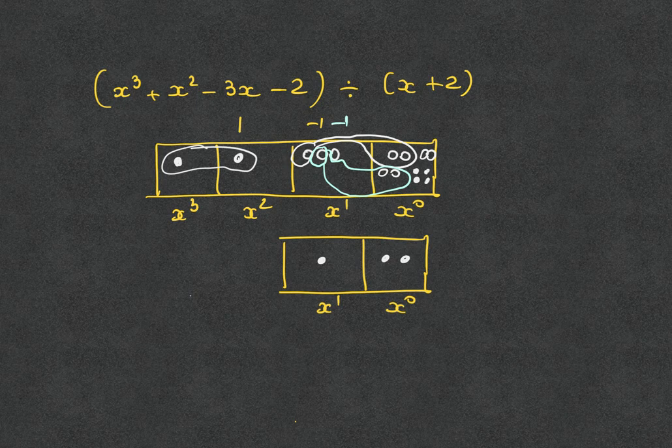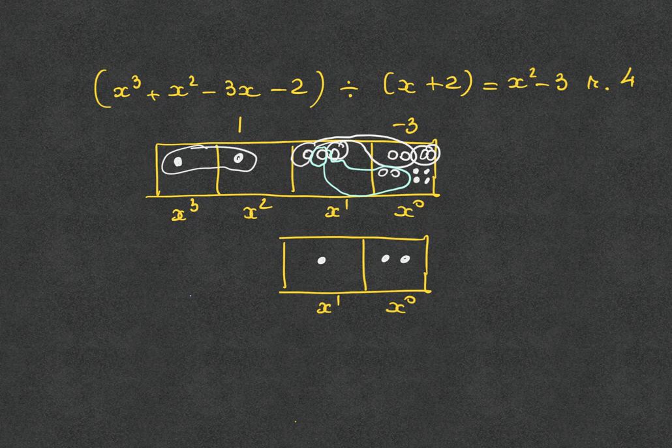So I'm going to group these antidots with the one here. So I get another minus 1. All these minus 1s are on top of x. So basically altogether you have minus 3 of them. So your answer will be x squared minus 3, remainder 4, because you have 4 dots left.